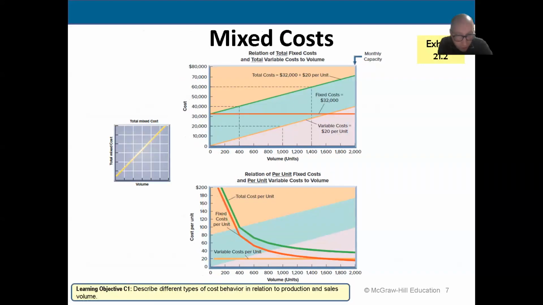We also have what's called mixed costs. Mixed costs are a combination of fixed and variable costs. An example of a mixed cost would be leasing a copier machine. When you lease a piece of machinery, oftentimes that contract for that lease will tell you that it's based on usage.